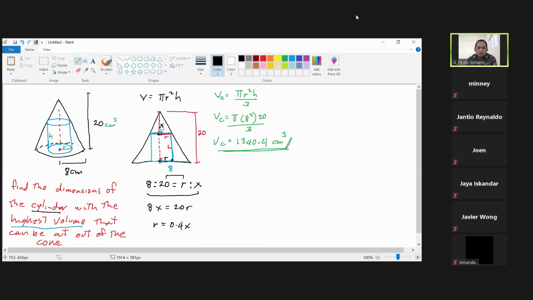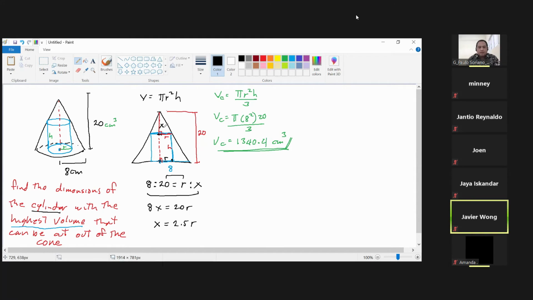So it's better to express x in the form of h. So x is equal to 2.5 r, correct? Yes.